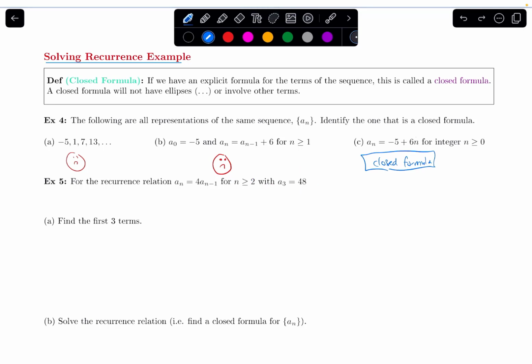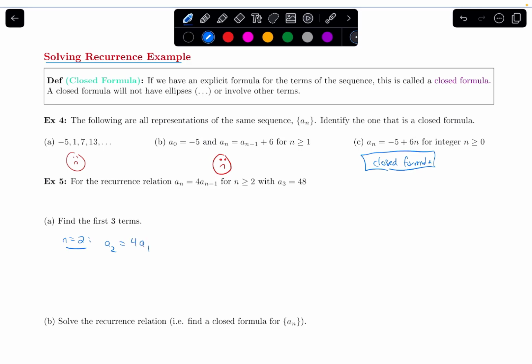So in part A, I want to find the first three terms. Because it says that n is greater than or equal to 2, the smallest value I can plug in for n is 2. If I plug that in, I get a2 equals 4 times a1.